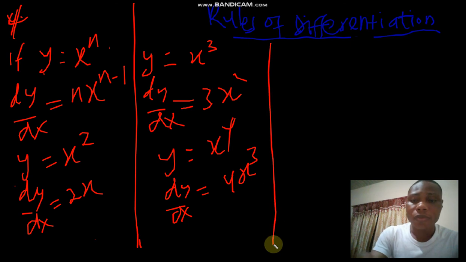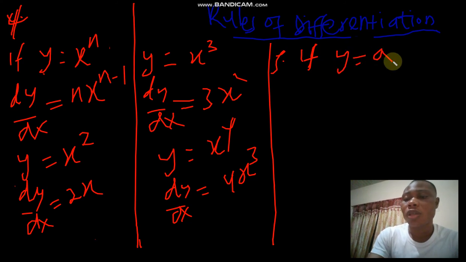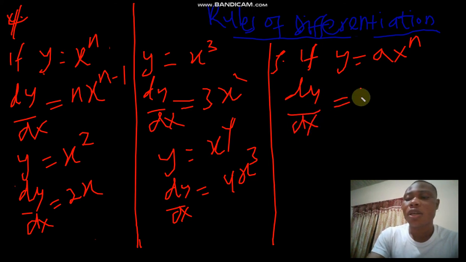So what if I have a function in the form y equal to a x to the power n? So dy/dx will just be n multiplied by a x to the power n minus 1. That's all. So let me just take an example here.